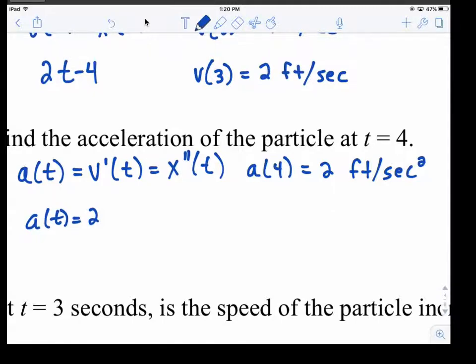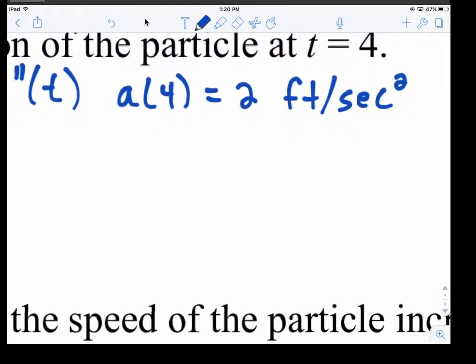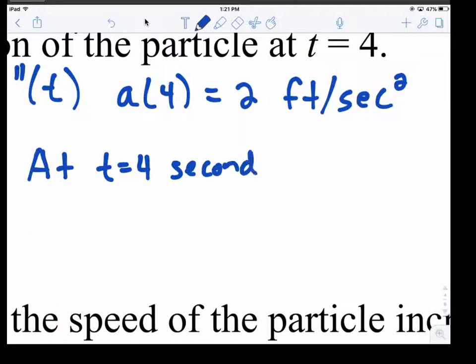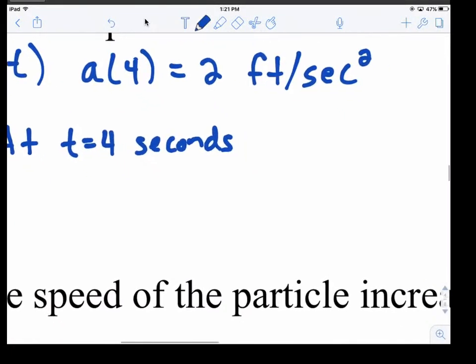Okay, so we can say at t equals 4 seconds, you can have two different things.